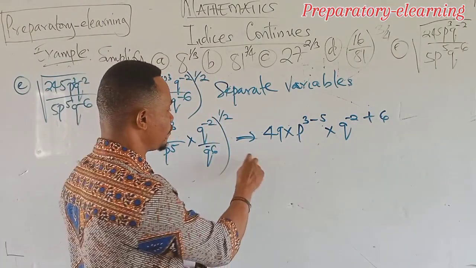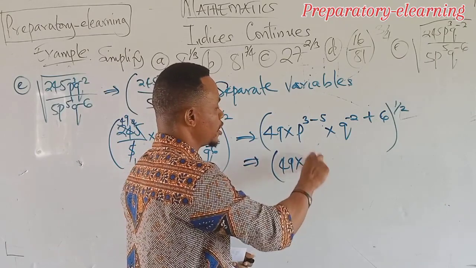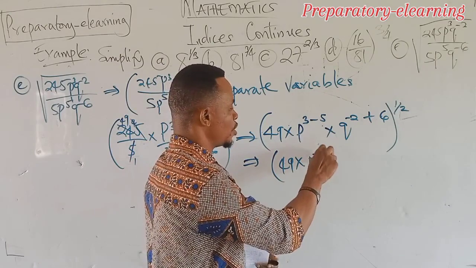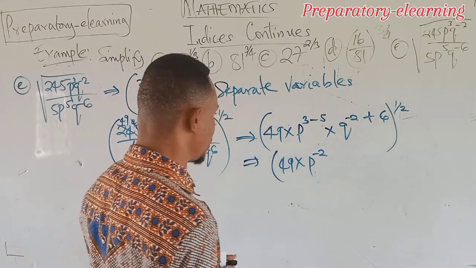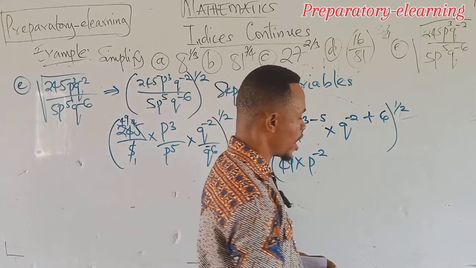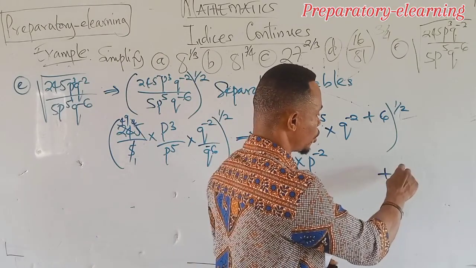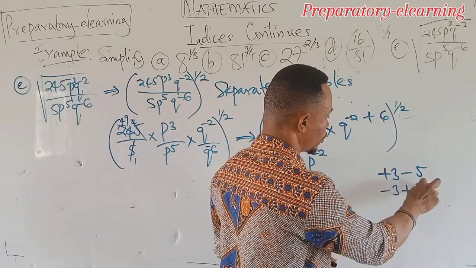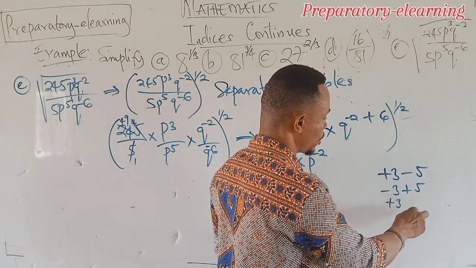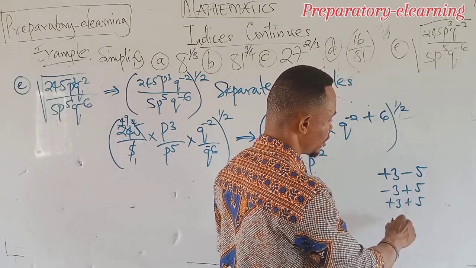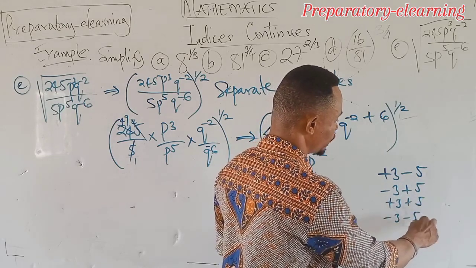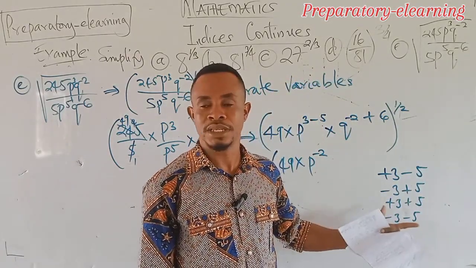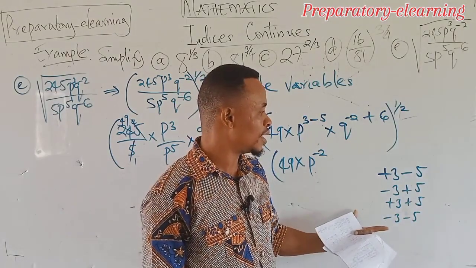Now, moving on, there we have 49 times p, 3 minus 5 is what? Minus 2. Don't forget, let me just quickly show you this. If we have, for example, plus 3 minus 5, minus 3 plus 5, plus 3 plus 5, minus 3 minus 5, please, these are called directed numbers. How do we understand this?